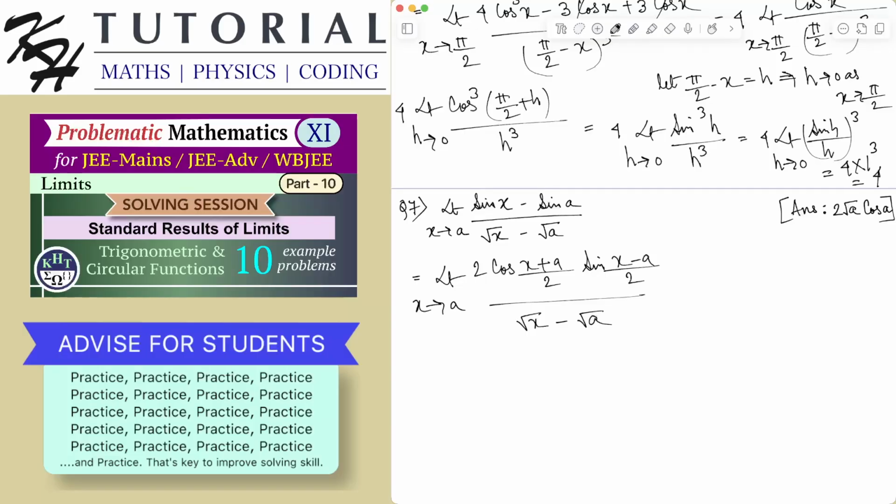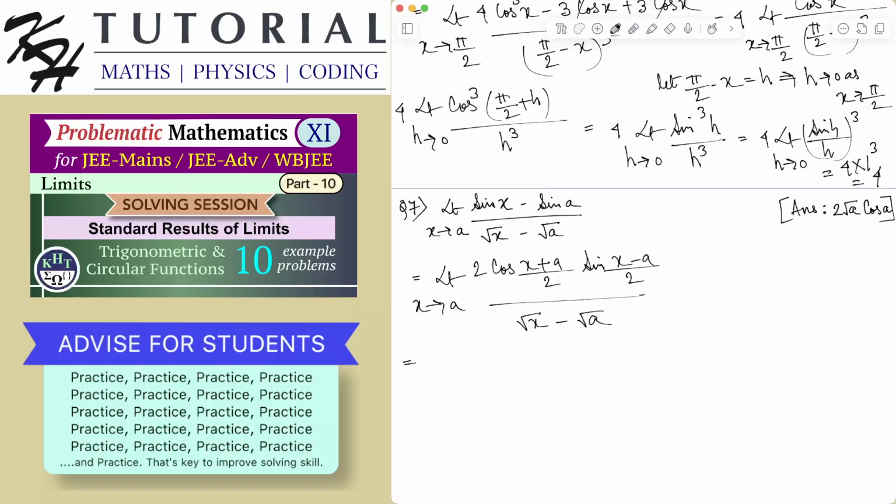Now this root x minus root a is an irrational term. We have to rationalize it by multiplying both the numerator and the denominator with root x plus root a. Now when x is tending to a, cos((x plus a) by 2) will be cos a.